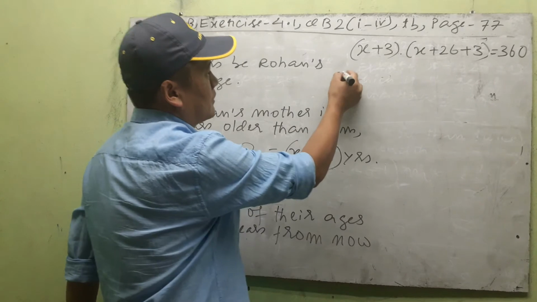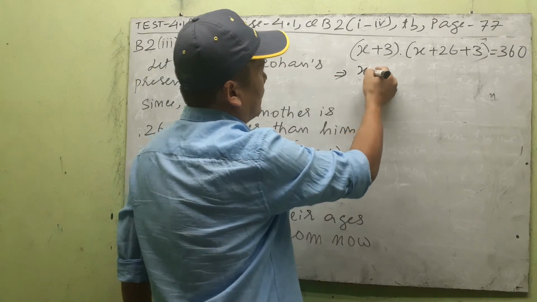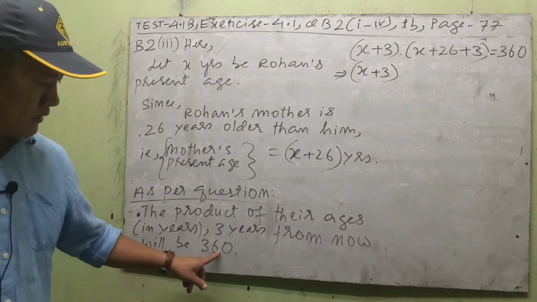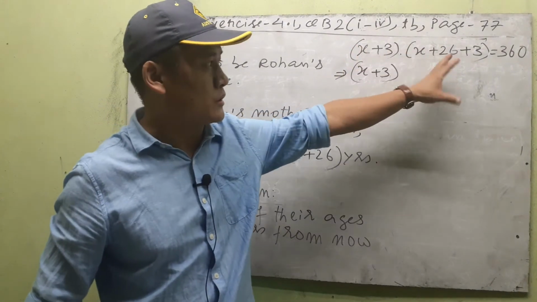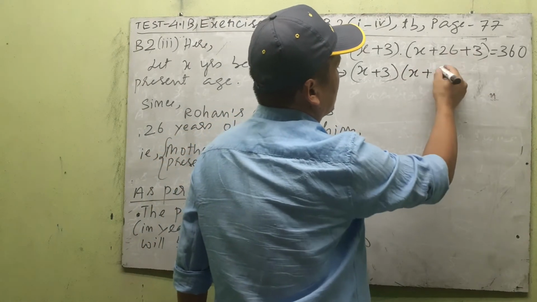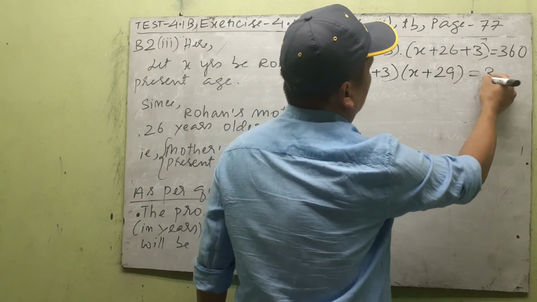Let us solve it. x plus 3 times x plus 26 plus 3, which is 29, equals 360. Let's simplify once.